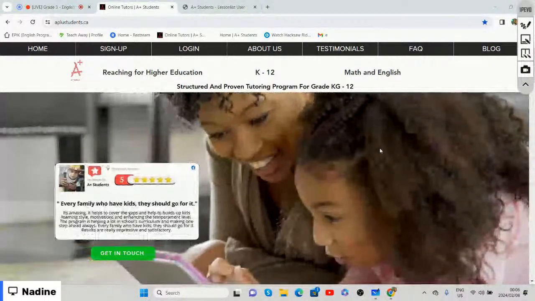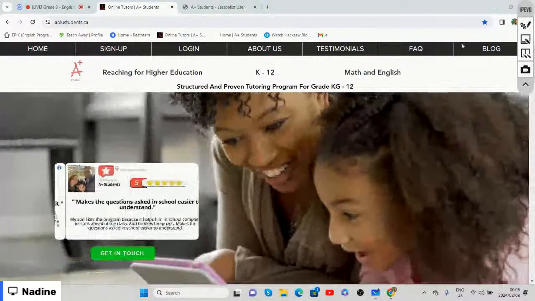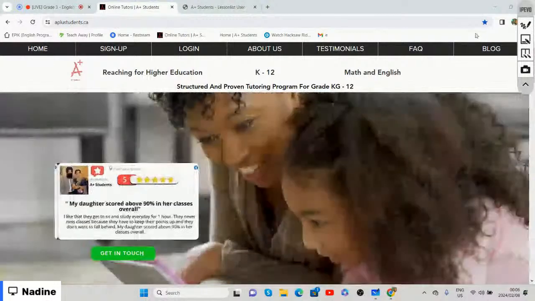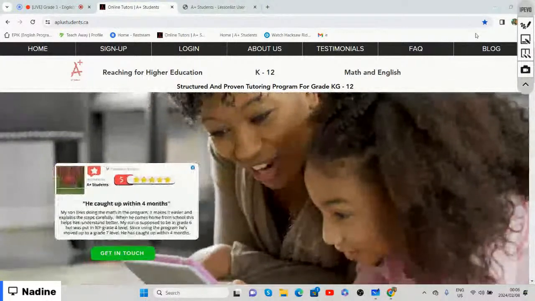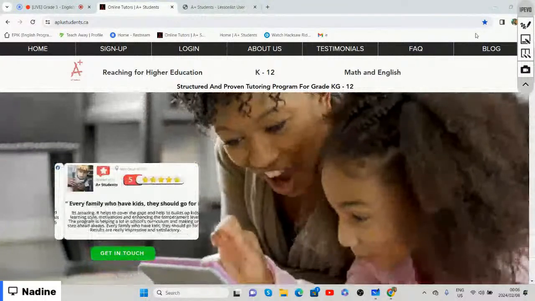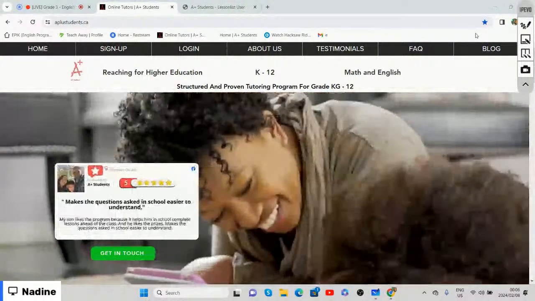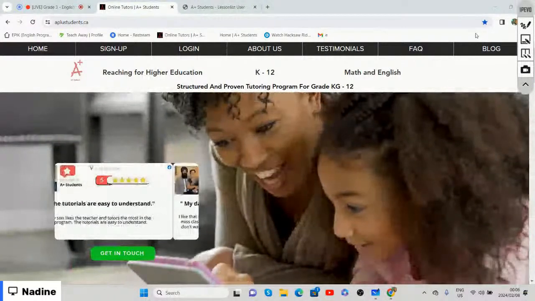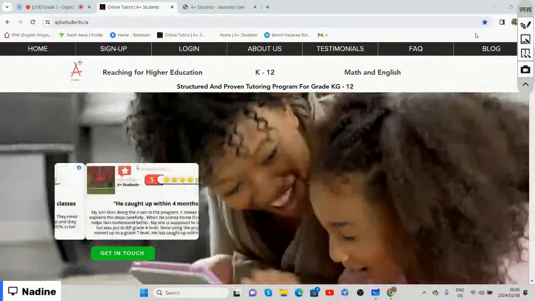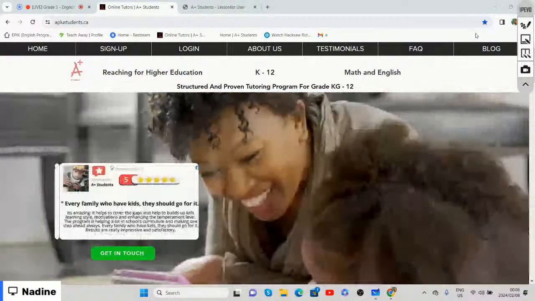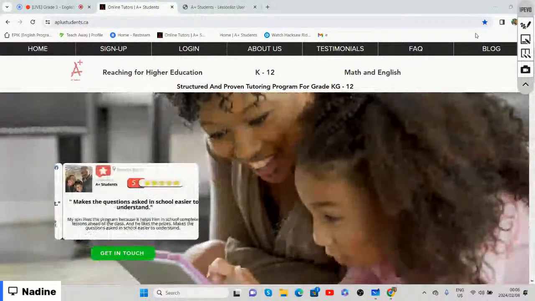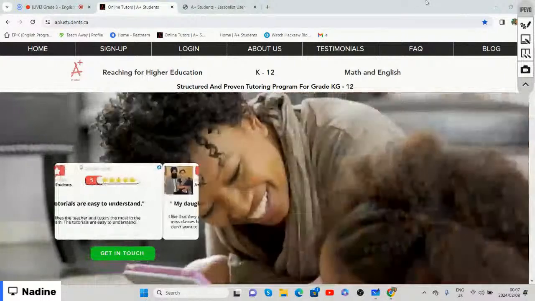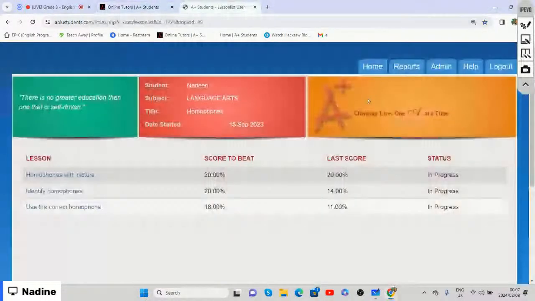Once you've logged on with our username as well as our password, we're going to select the subject of language arts, grade 3, and then scroll down until we get to the chapter of homophones.